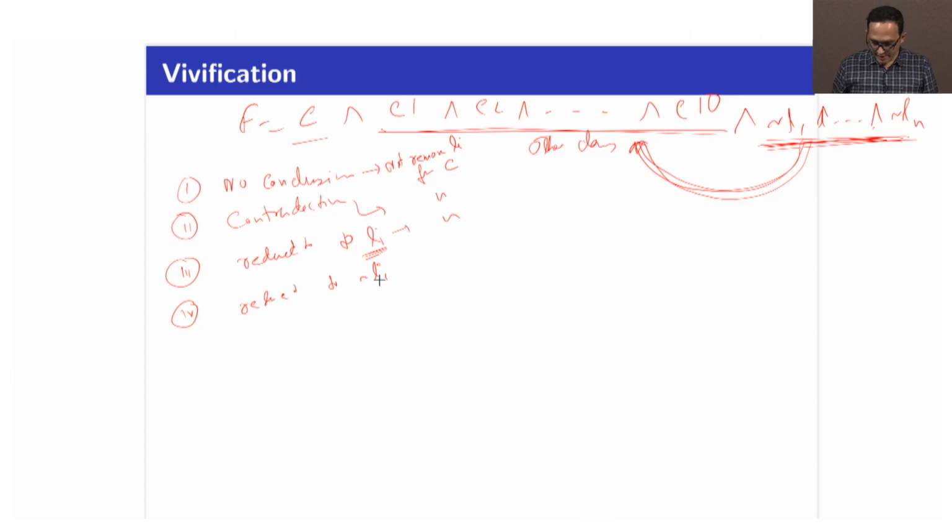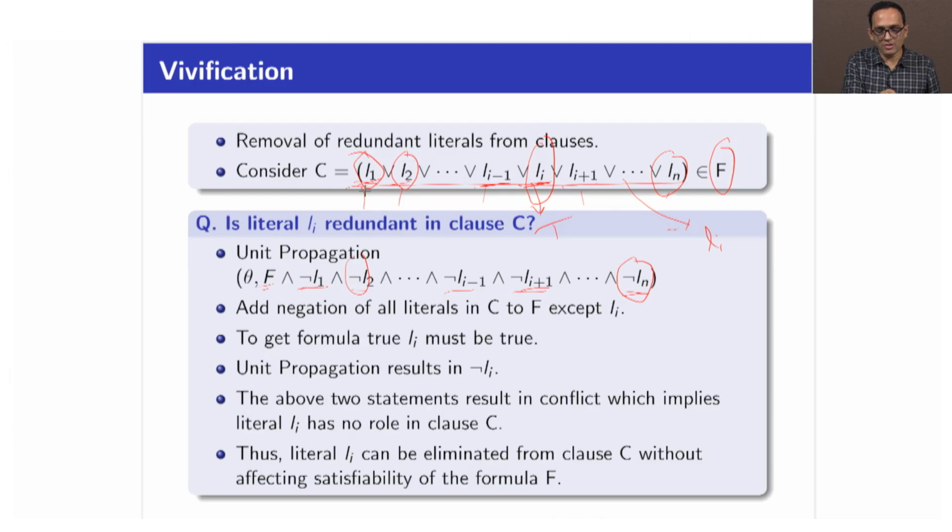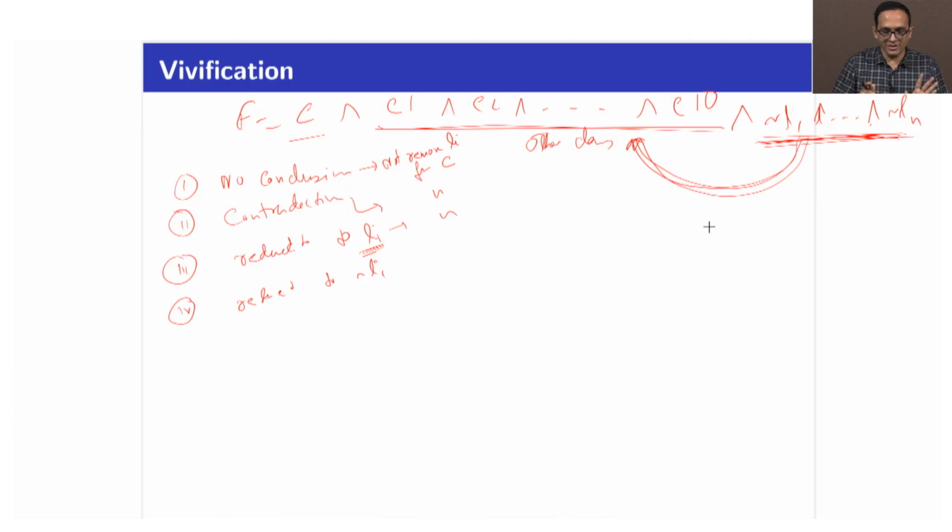And as I also discussed, because L1, L2 and all the others are false, to make C true, Li must be true. So, it is basically two different decisions: here Li must be true, and here Li must be false. So, here I can conclude that Li is not needed in C, and hence you remove Li from C.